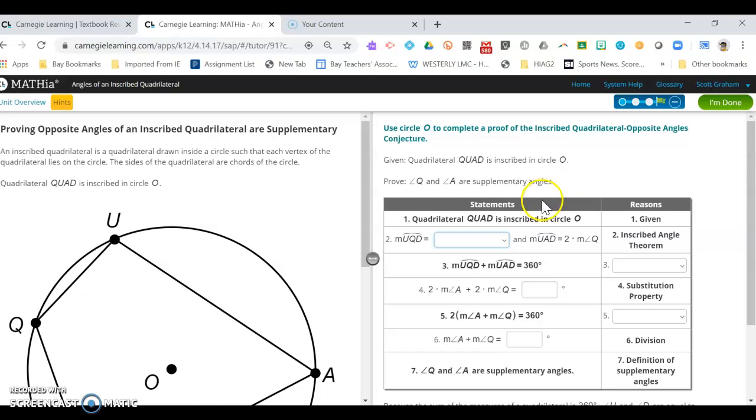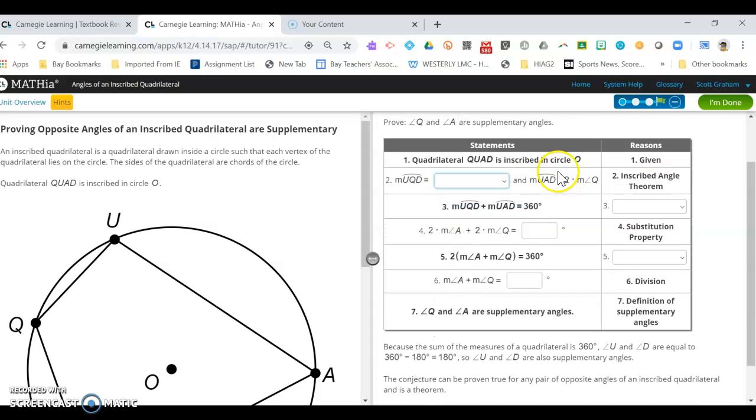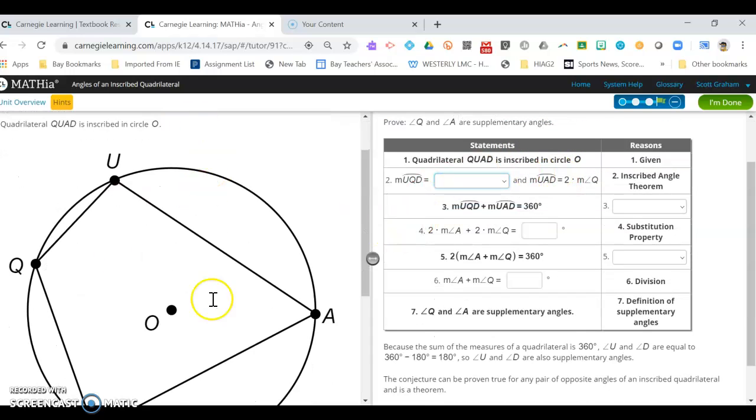The first thing we know is that quadrilateral QUAD is inscribed in circle O. Inscribed means that it's inside the circle O. So we are talking about the measure of arc UKD.